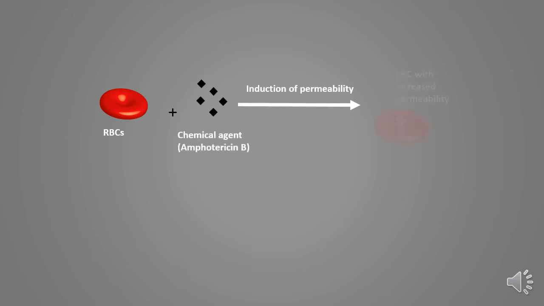Here, a schematic representation of this process is shown. So we isolate these RBCs from an organism of interest, and we treat them with some chemical agent which increases the permeability of these cells. The increased permeability of these cells can lead to better absorption of the drug.